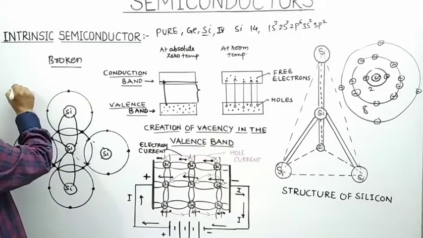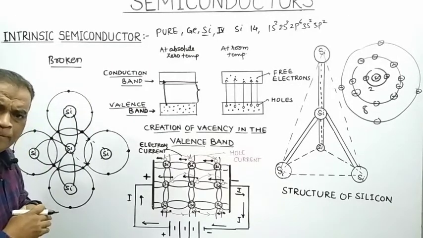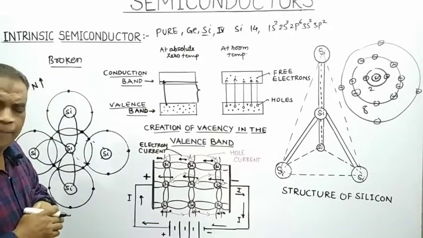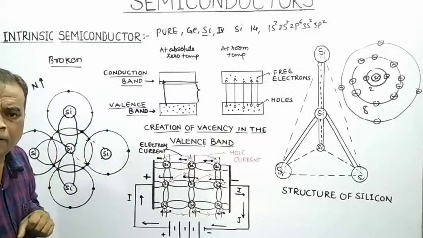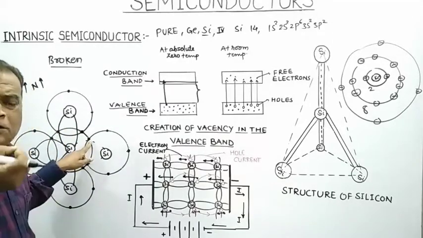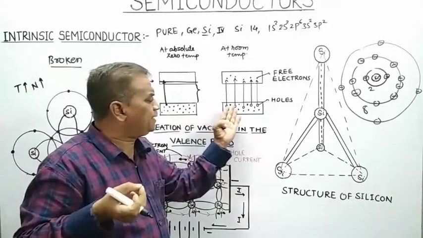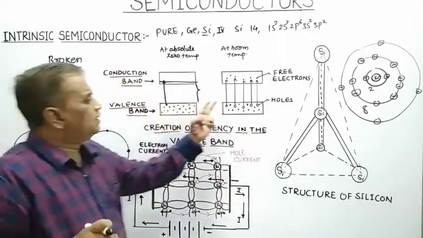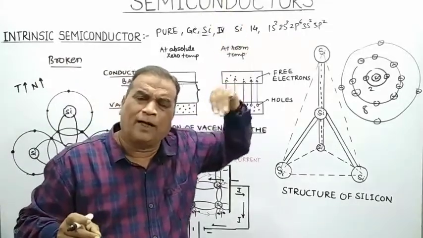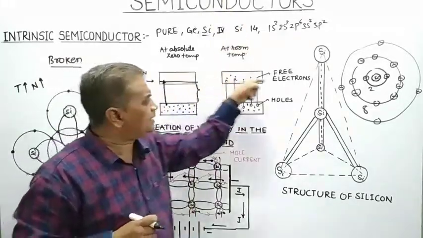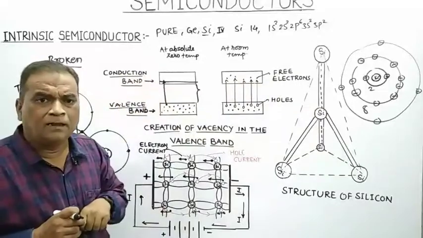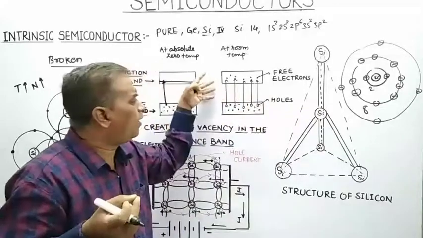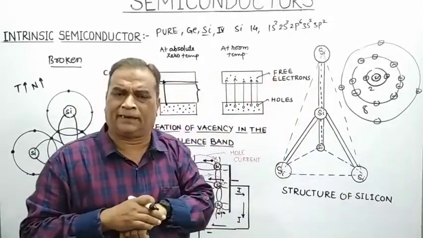As the temperature of the semiconductor increases, the number of covalent bonds broken also increases, which means a large number of valence electrons receive thermal energy, reach the conduction band, and free electrons are available for conduction of electricity.